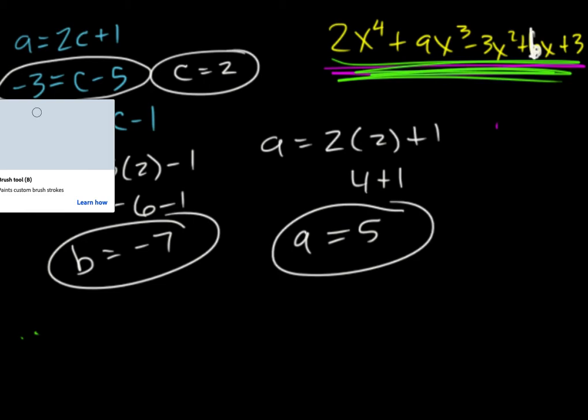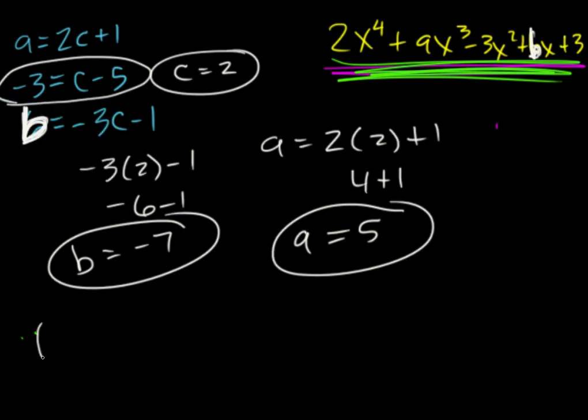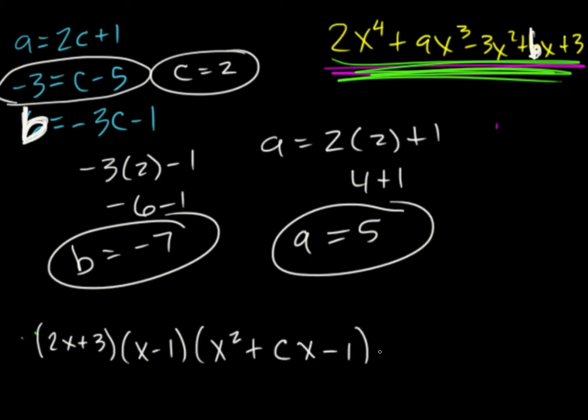There was a point where we had (2x plus 3) times (x minus 1) times (x squared plus cx minus 1). Now we know that c is 2, so we can replace that. And they want us to write down all the zeros.